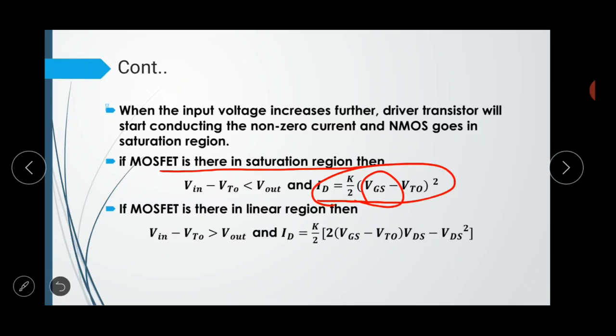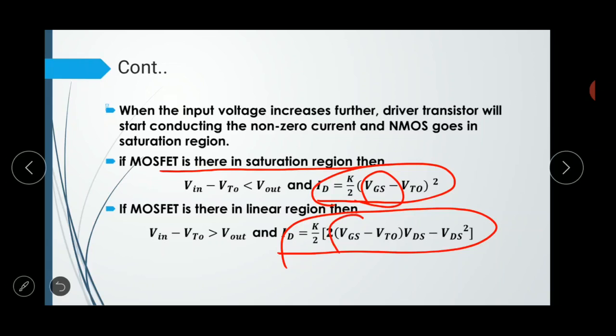At larger input voltages, the transistor remains in linear mode, as the output voltage continues to decrease. This is the linear drain current equation: ID equals K by 2 times (2 times (Vin minus Vt0) times Vout minus Vout square).